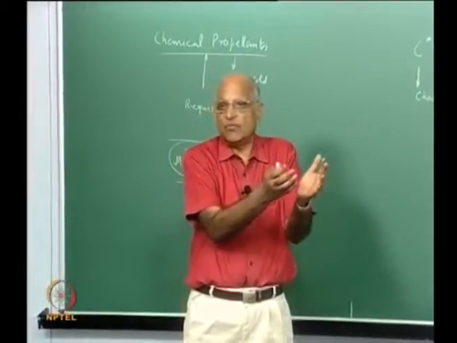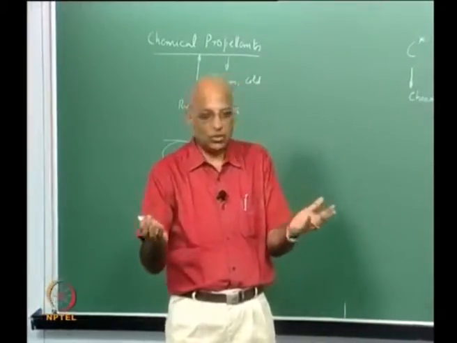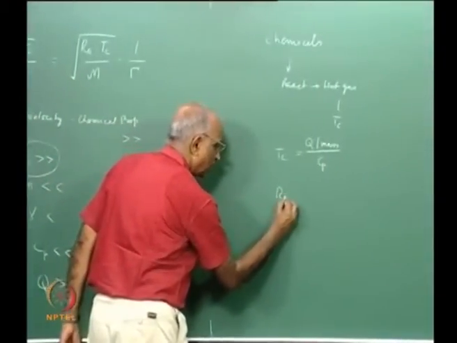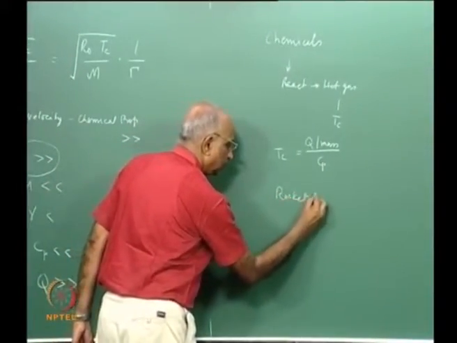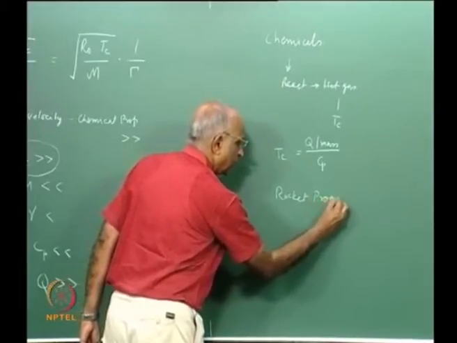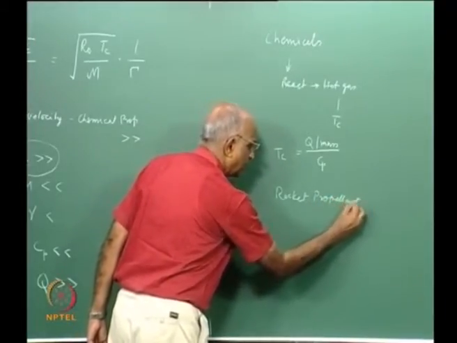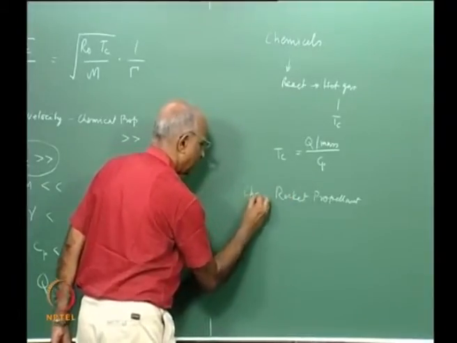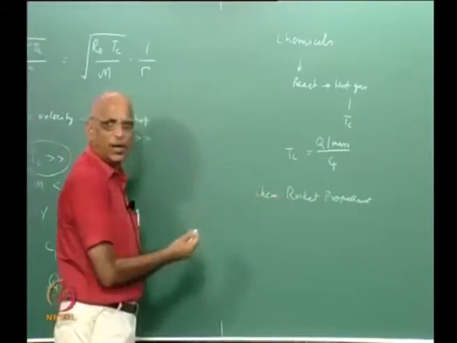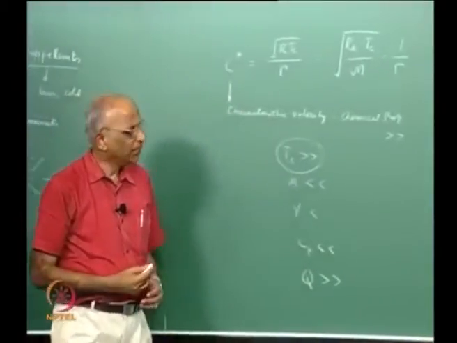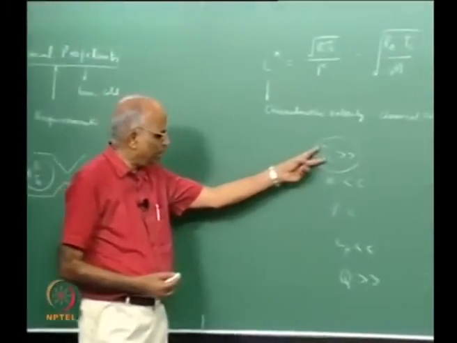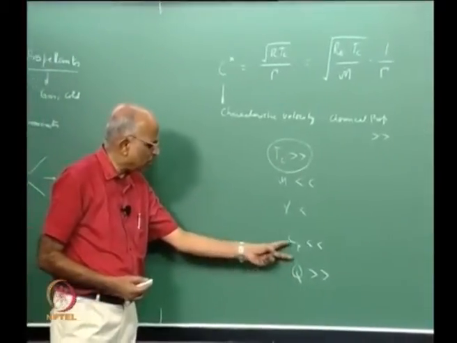I can zero in on 4 or 5 which can be used as chemical rocket propellants, and this is what I am going to do in this class. Therefore, let us ask ourselves, to determine temperature I need heat release and also specific heat.